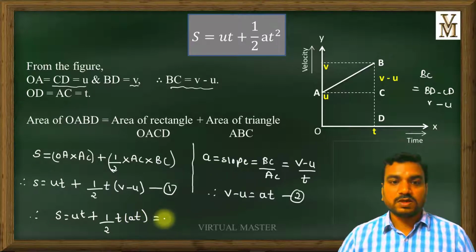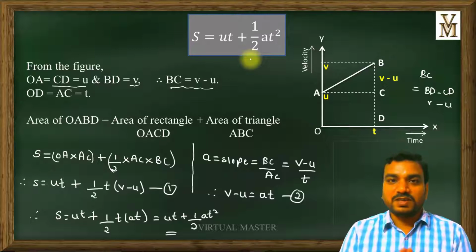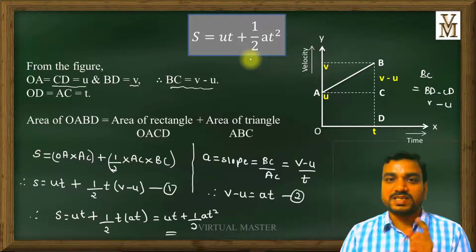It is equal to UT plus half AT square. We have got this equation, that is S is equal to UT plus half AT square. I hope everyone has understood how to derive the equation S is equal to UT plus half AT square by the graphical method.